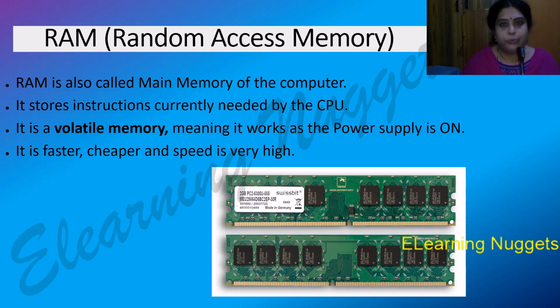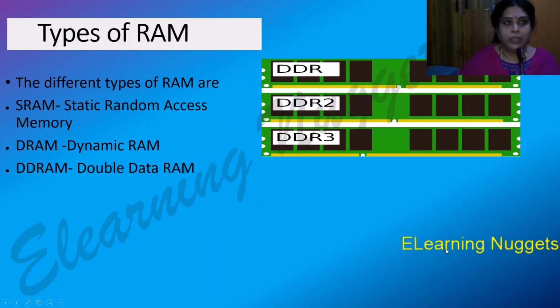So from here again it goes to the output device. I have explained this in detail in my previous video, how the computer works. Please refer to that video. I will give a link of that video also. Now coming back to this, the random access memory is faster, cheaper, and the speed is very high.